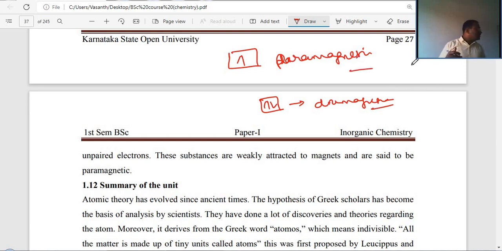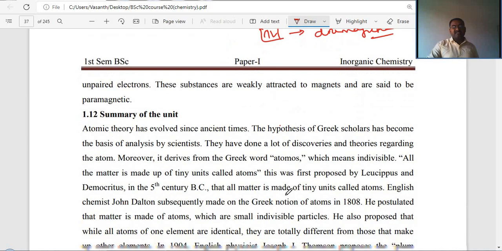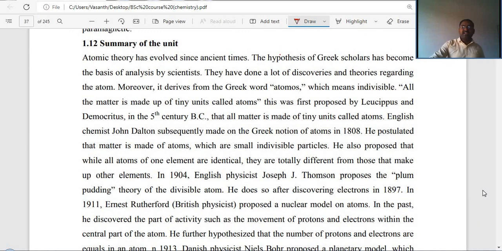Now I am going to conclude the first unit. Atomic theory has evolved since ancient times. The hypothesis of the Greek scholars has become the basis of analysis by scientists. They have made a lot of discoveries and theories regarding the atom.